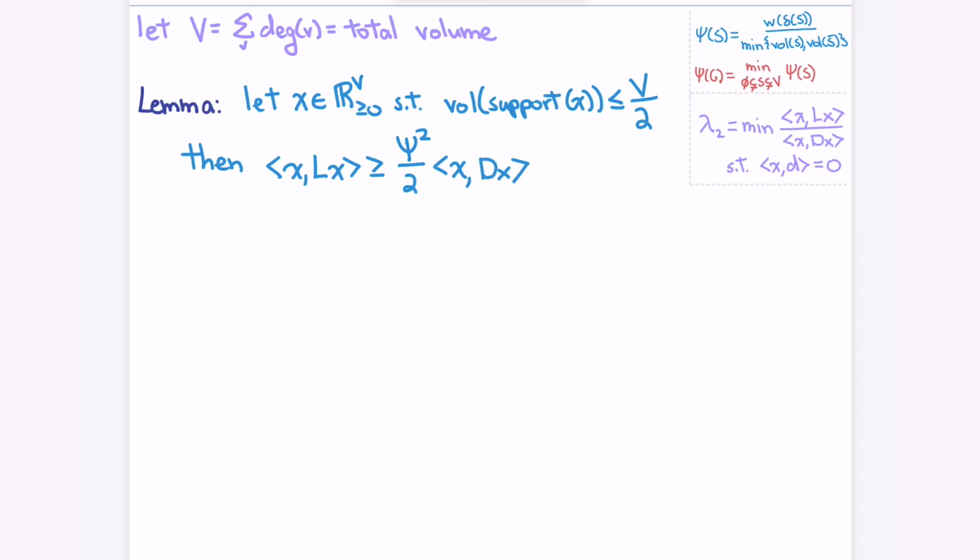So any subset of these positive vertices will always be a small set from the perspective of conductance. It'll define the denominator of that ratio. That's a convenient thing, but this is still where most of the work will happen. Then we'll figure out how to take a generic x and turn it into this non-negative thing with small support.